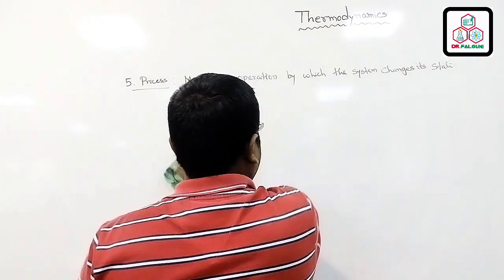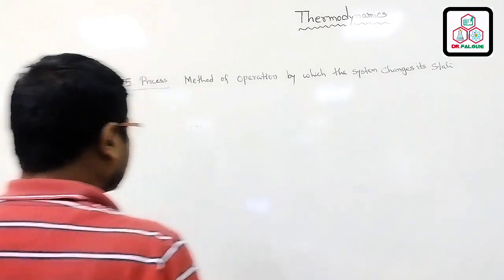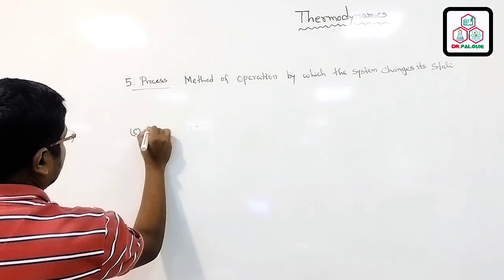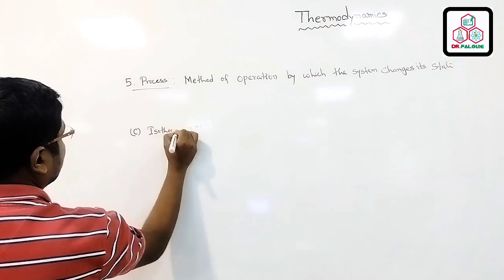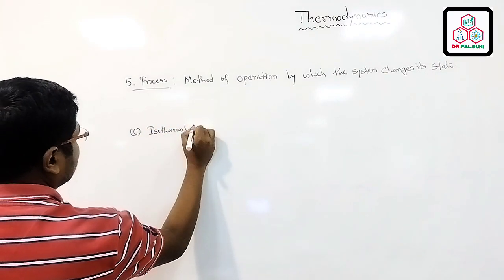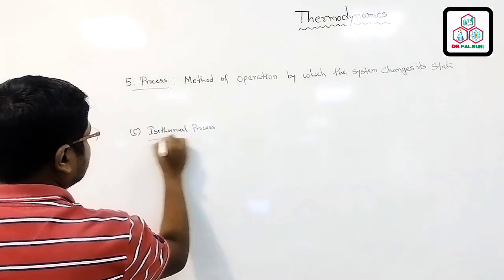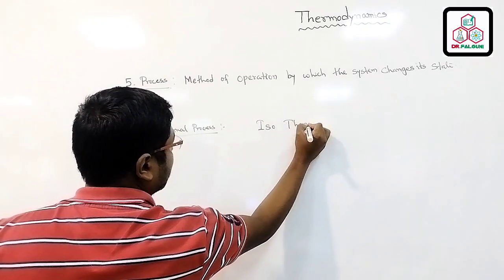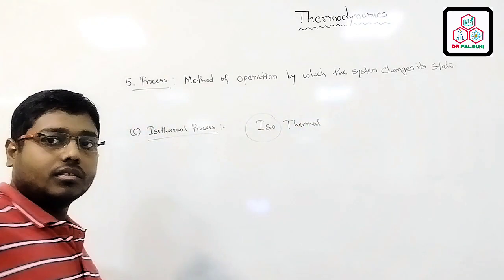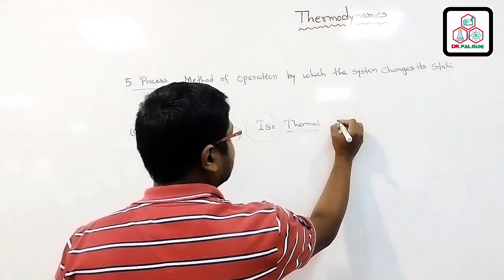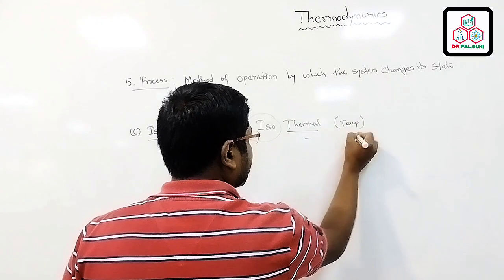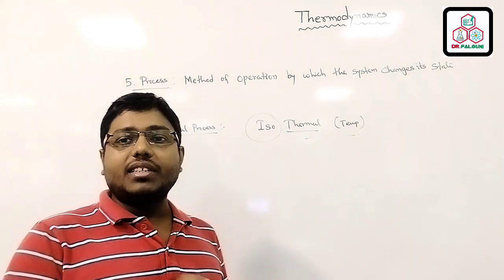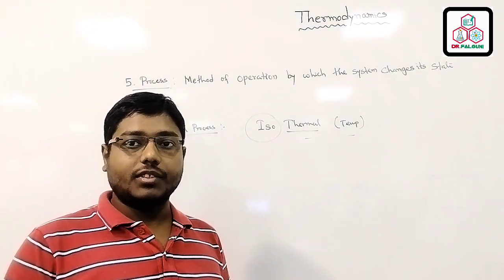Number C is isothermal process. Iso means fixed. Thermal means temperature. It is such a kind of process where the temperature remains fixed. Right?